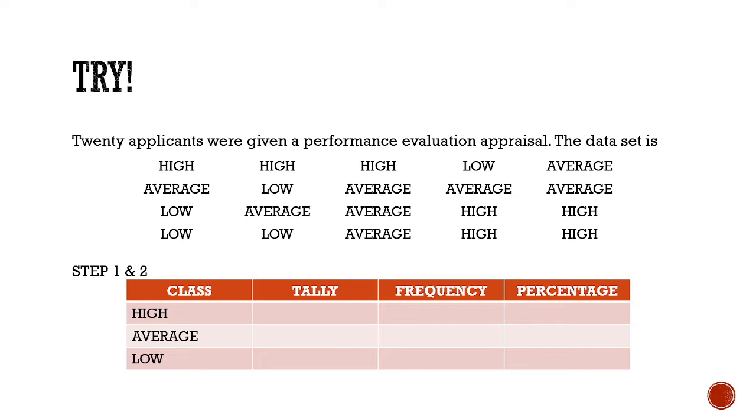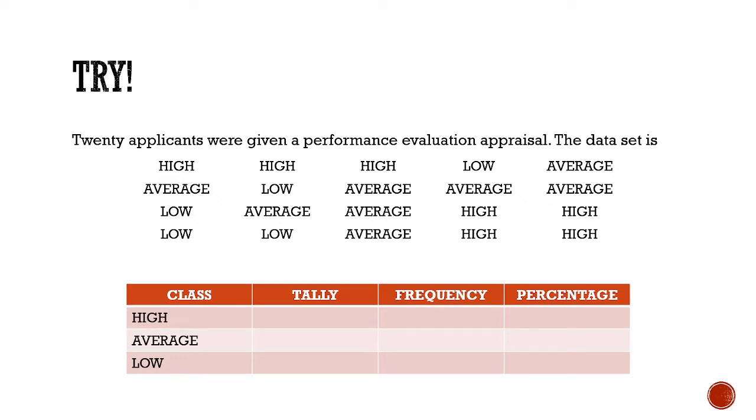That's why it is under the ordinal level of measurement, which is actually also a categorical level of measurement. So that will be steps one and two. And for step three, we just need to tally this up. By tally, we just need to count the number of highs, the number of average, and the number of low.